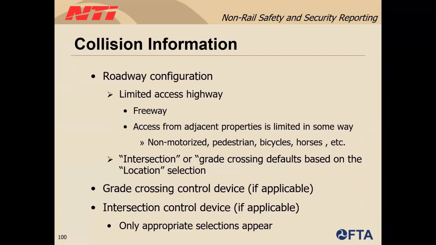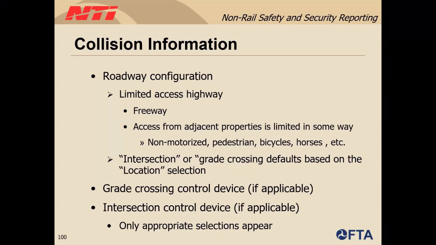Here are some considerations when reporting the roadway configuration. You would select limited access highway to report an incident on the freeway. A limited access highway has access limited in some way. For example, it may not allow pedestrians or bicycles. If you chose either roadway intersection or roadway grade crossing on the collision event information screen, the appropriate selection will default on this collision information form.